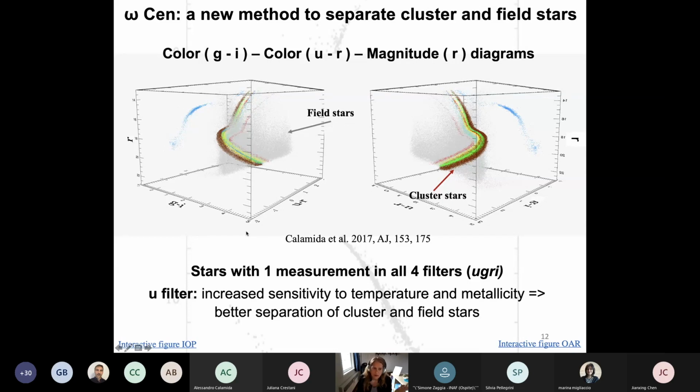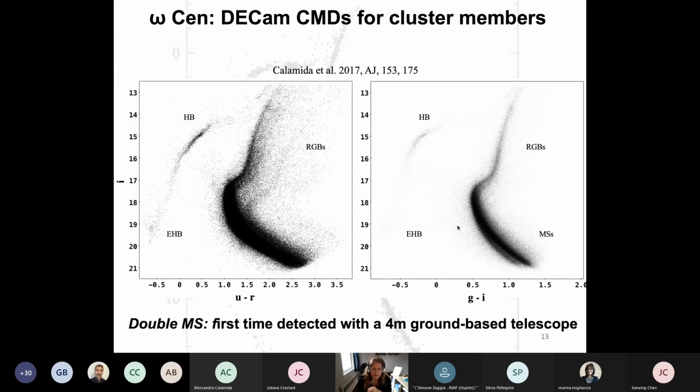And the metallicity of cluster stars is quite different from the metallicity of the field stars. So this allowed a very good separation between the cluster stars, which was validated by using the proper motion of Gaia for the bright stars. We saw that it works quite well and gives us a residual contamination lower than 10%.